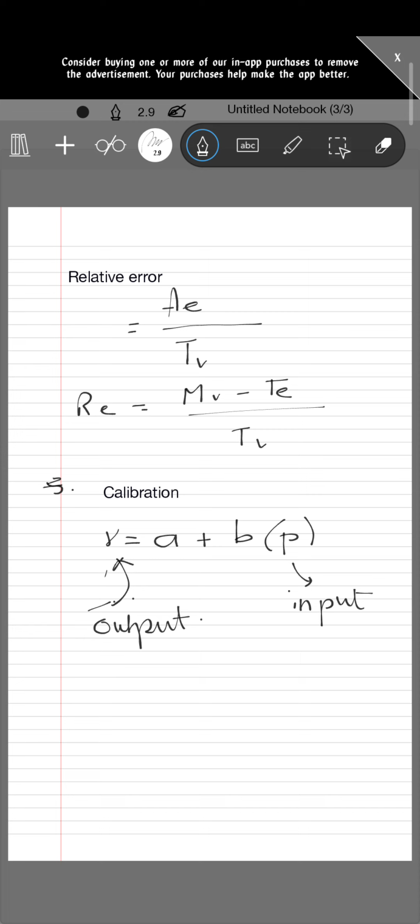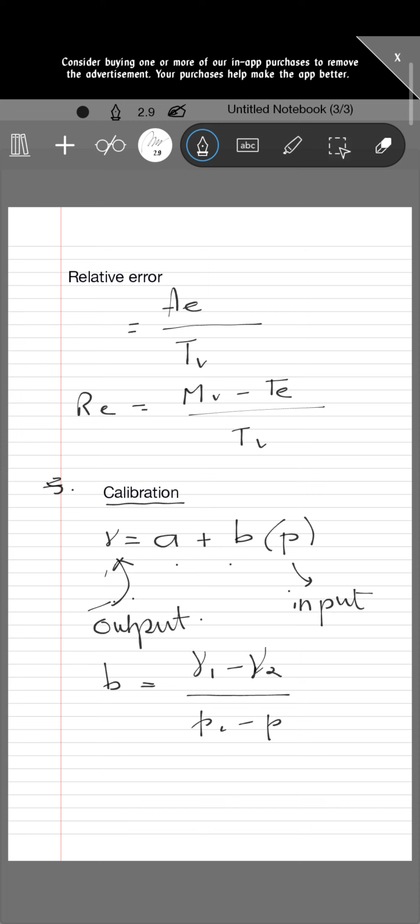Now the a and b constants need to be found out for calibration, to have a good calibration. What is really obtained after a lot of calculation is that this b value, that is the sensitivity of the sensor, can be expressed as gamma 1 minus gamma 2 divided by p1 minus p2.